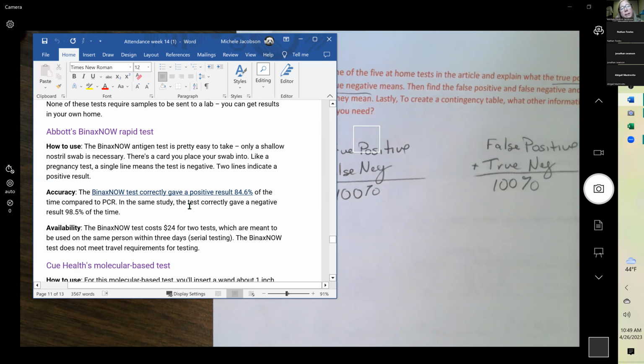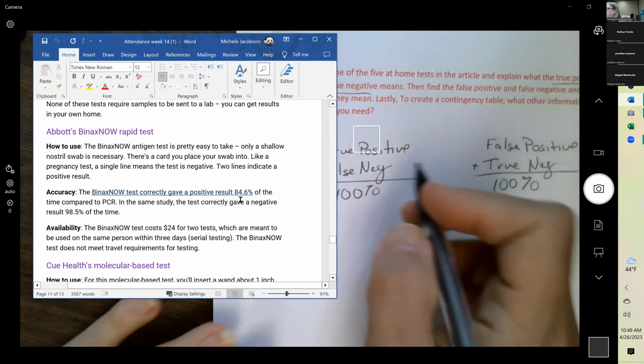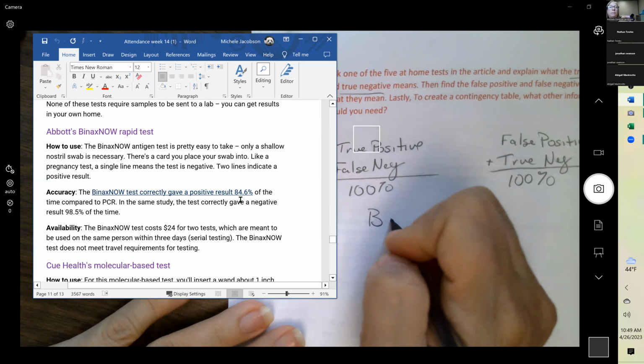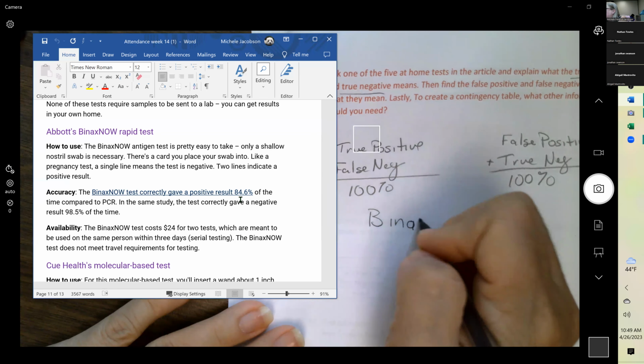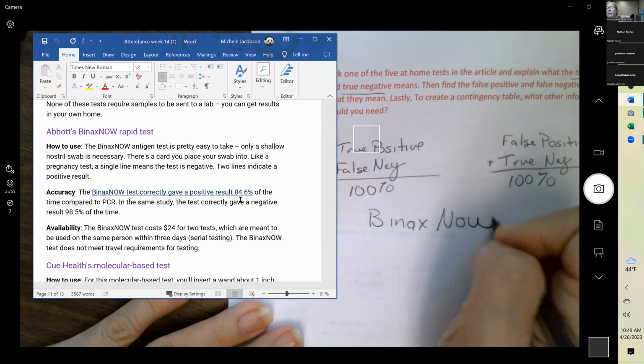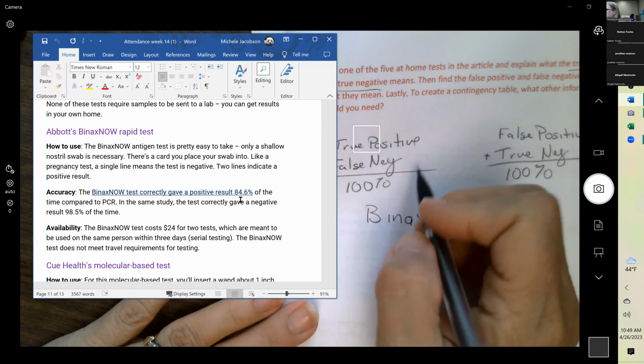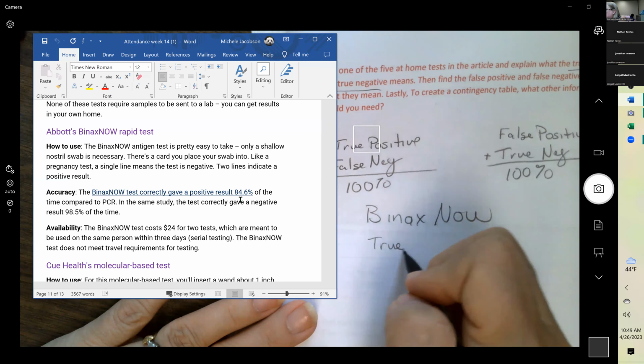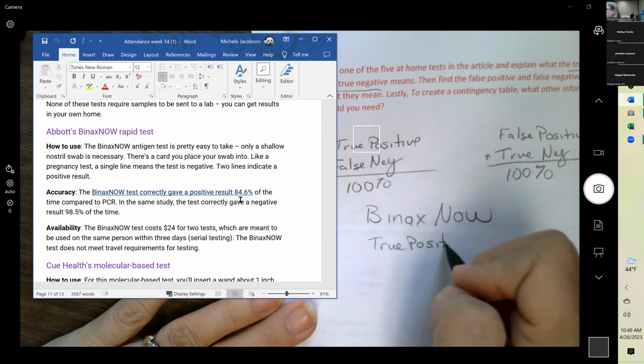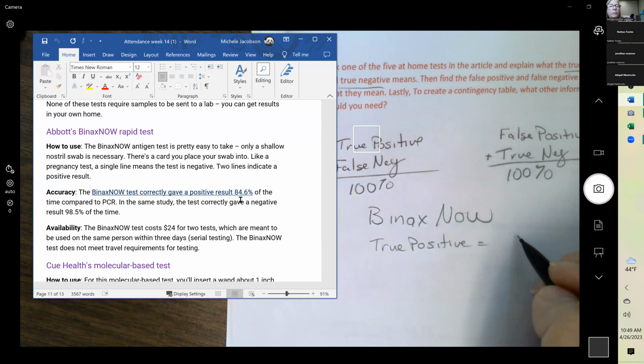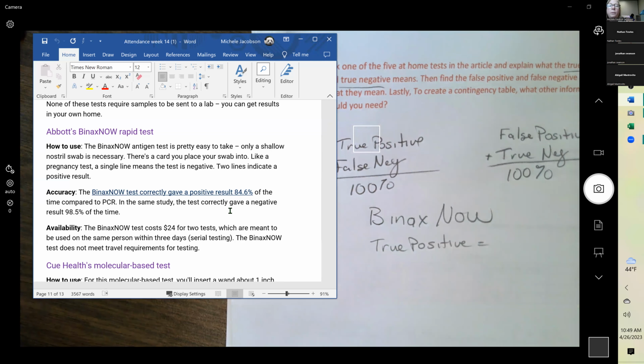So correctly giving a positive result means they had COVID and it was correct. Now, if you want to do another different one, that's fine. But the true positive is 84.6.